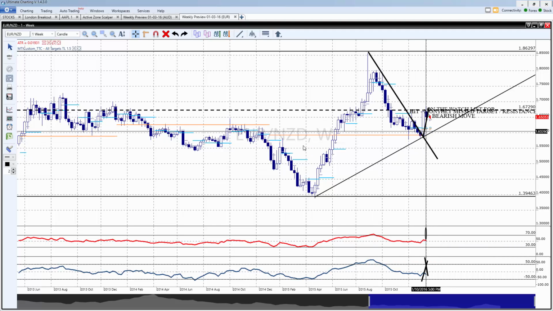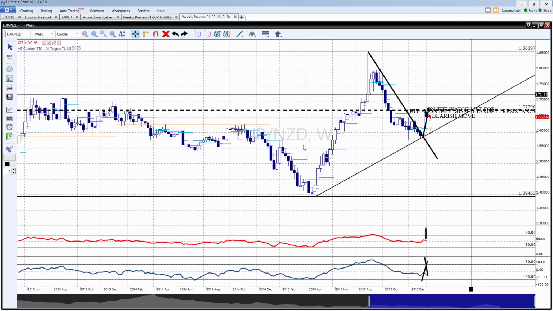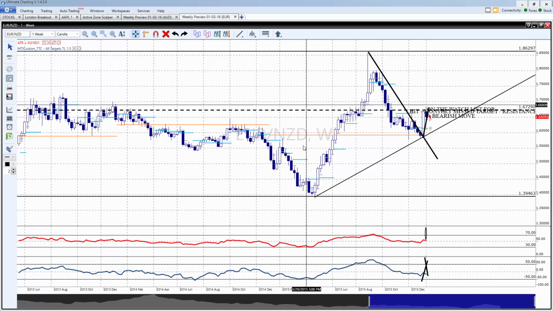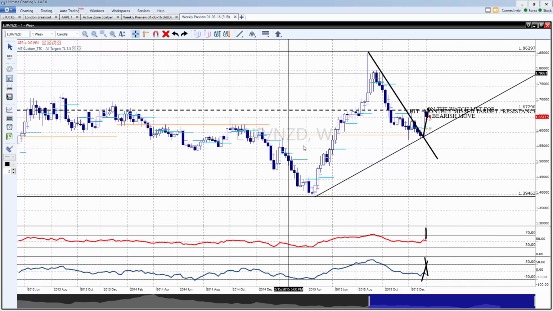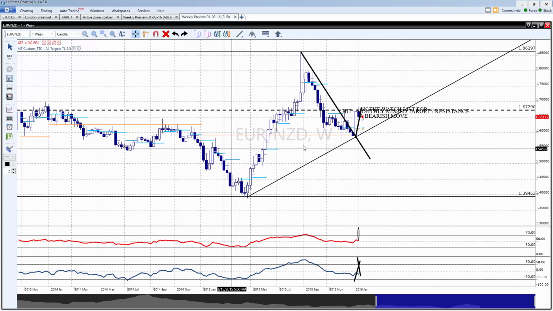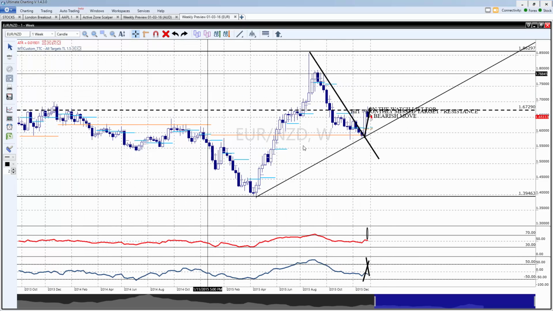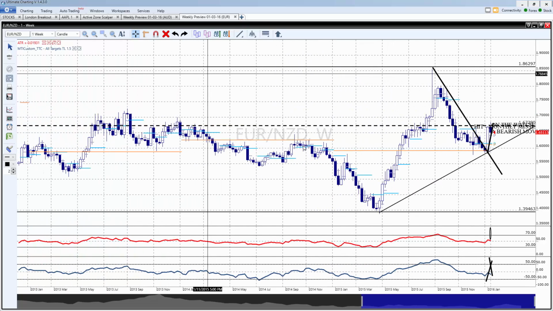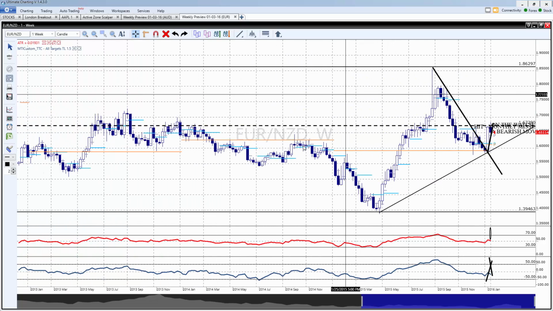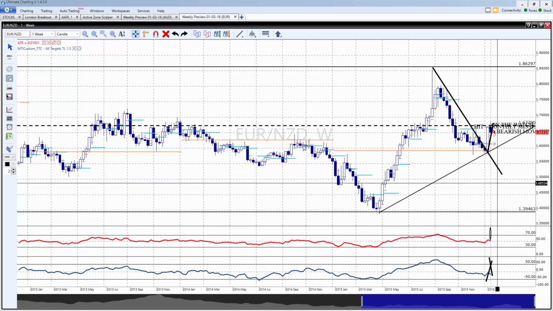That's the first time it's bouncing off, so we don't know if this is a valid trend line. We'll see another time that it bounces off. All right, so that's about weekly.